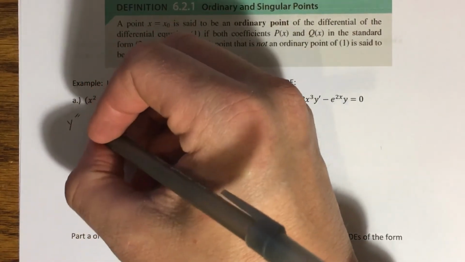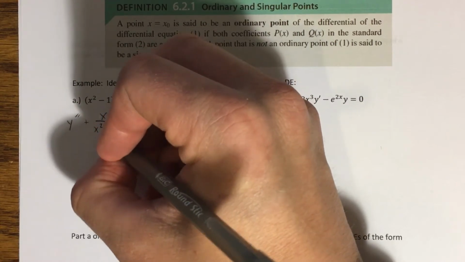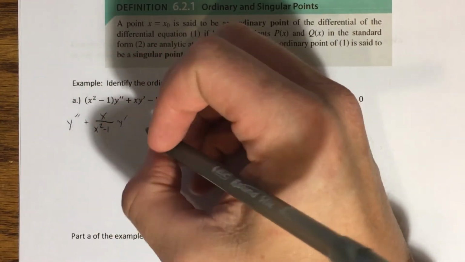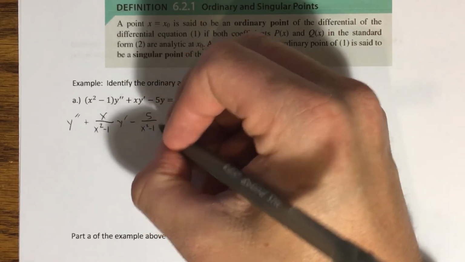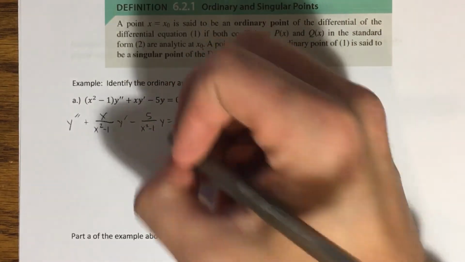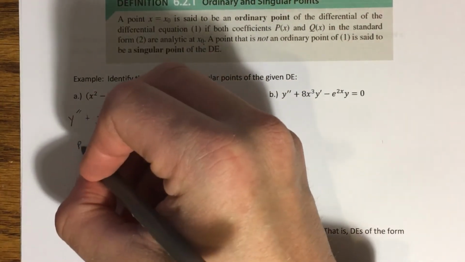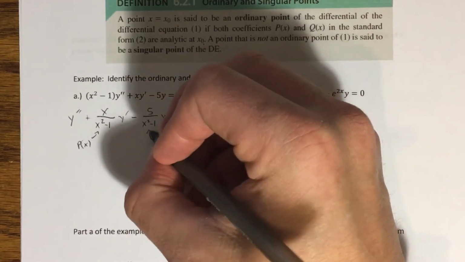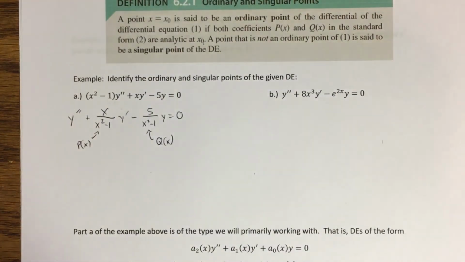So that's going to look like y double prime plus x over x squared minus 1, y prime, minus 5 over x squared minus 1, y equals 0. Now this coefficient right here is p of x, and this guy right here is q of x.